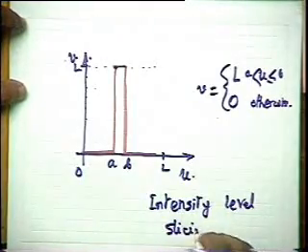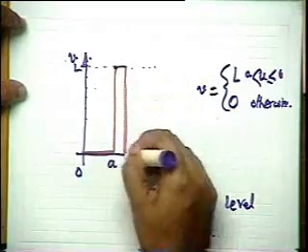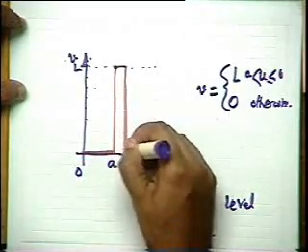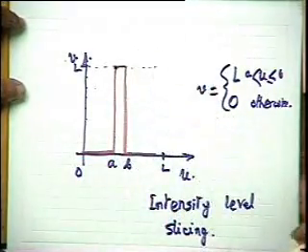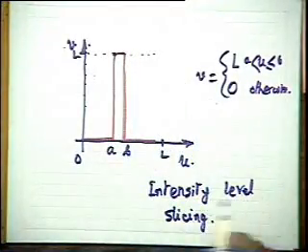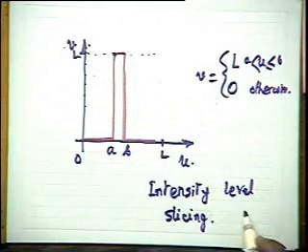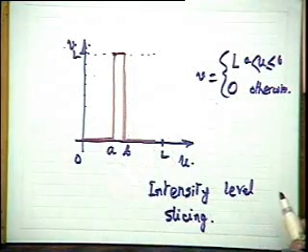I am only cutting out a slice, the zone A to B which I take, and I am representing this. So this is the intensity level slicing that I do.